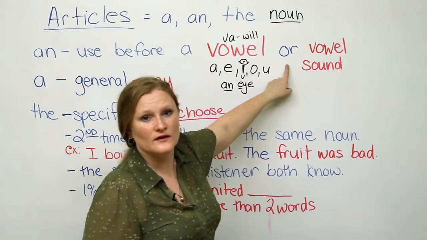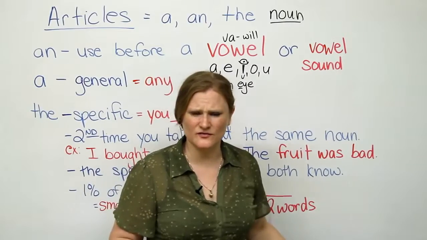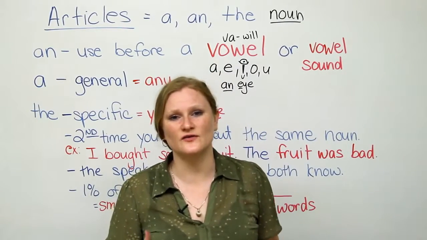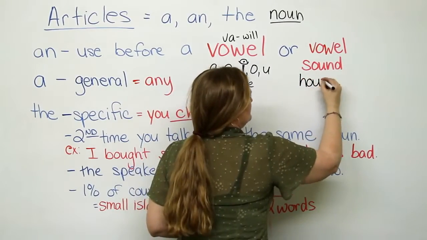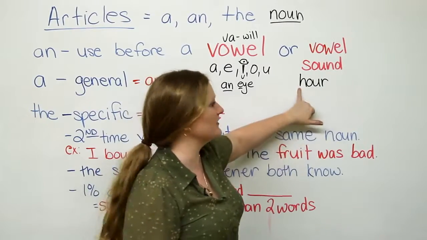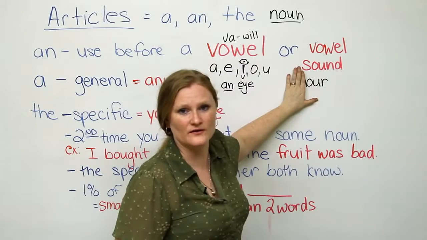Or, if the word begins with a vowel sound. What is a vowel sound, Ronnie? A vowel sound is usually always the letter H. For example, the word hour. We do not even say the H. It sounds like we're saying hour.